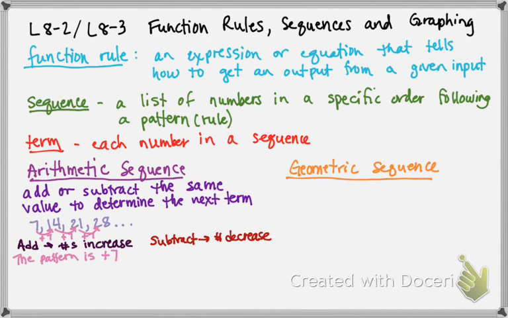That tells me if I want to figure out the next 3 numbers in this sequence, I would add 7. That gives me 35. If I add 7, that gives me 42. And if I add 7, that gives me 49.